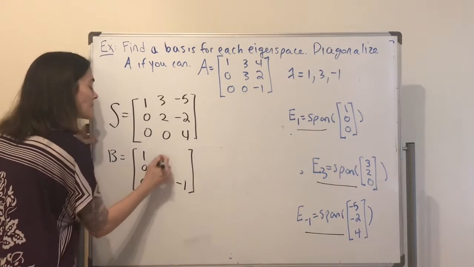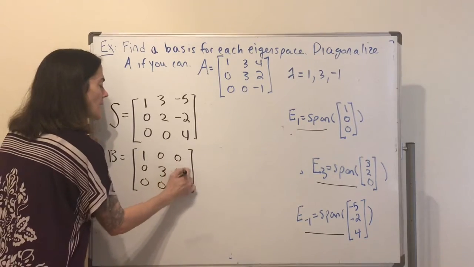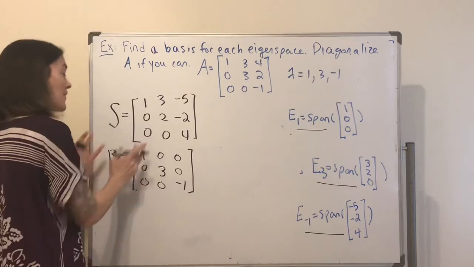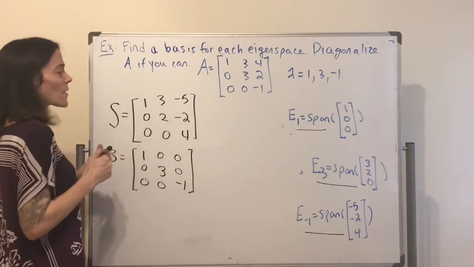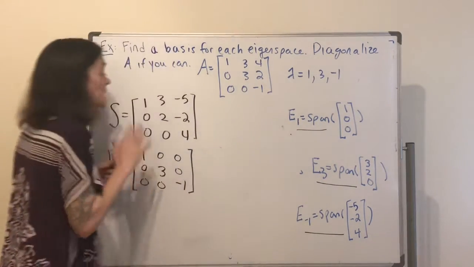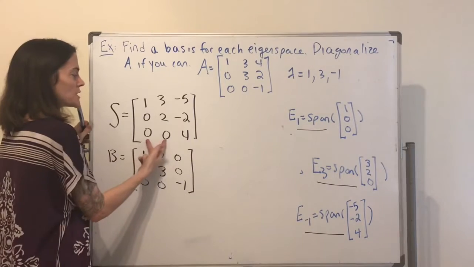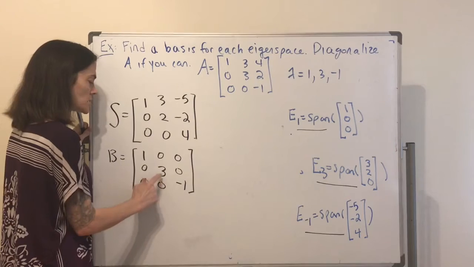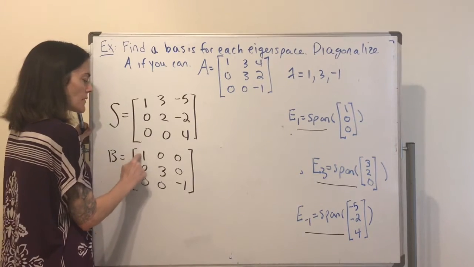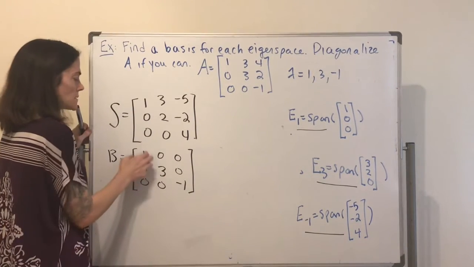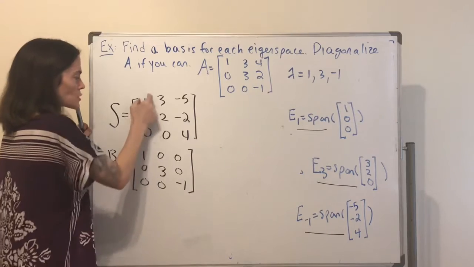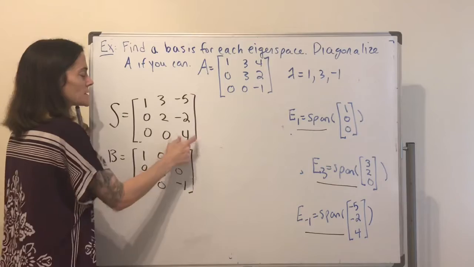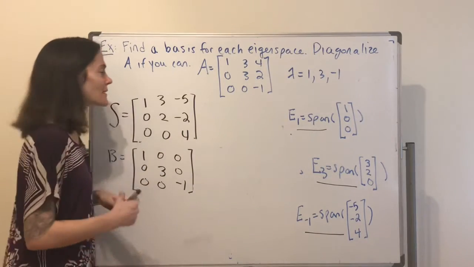We put the eigenvalues along the diagonal in the corresponding positions that came from where the eigenvectors were placed. So, for example, if I interchange these two columns, that would be another S I could use, and then that would just put this entry here and this entry here, right? So this 1 corresponds to this vector, 3 corresponds to this vector, and minus 1 corresponds to this vector, and this is how they are lined up.